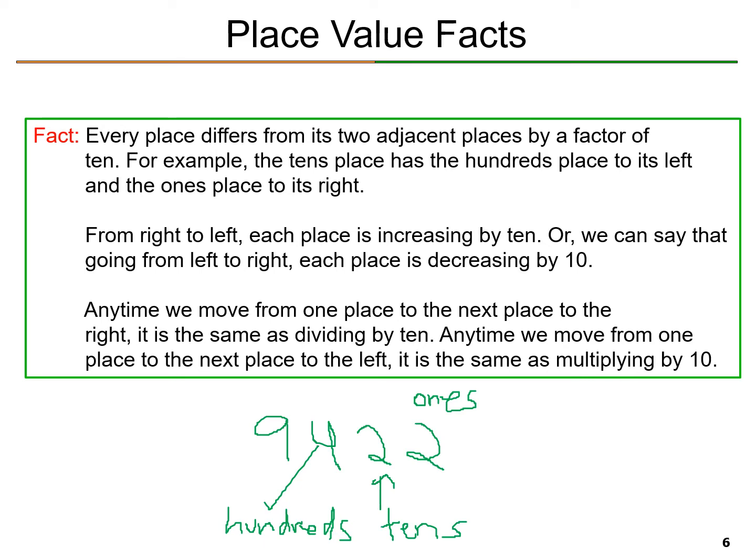When I go from the hundreds place to the ones place, that's a division of 100. 100 divided by 100 is 1. So the point is, anytime I move from left to right, I'm dividing by a power of 10. Whenever I move from right to left, I'm multiplying by a power of 10.